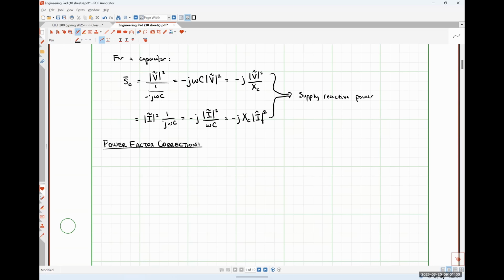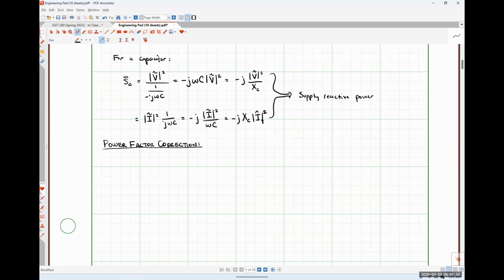So in an industrial setting, if your manufacturing plant or whatever operates at too low of a power factor, the electrical utility will fine you, okay? So in order to avoid those fines, industrial consumers perform a process called power factor correction, which is trying to raise their power factor above some threshold target power factor.